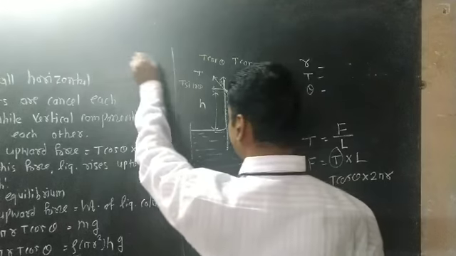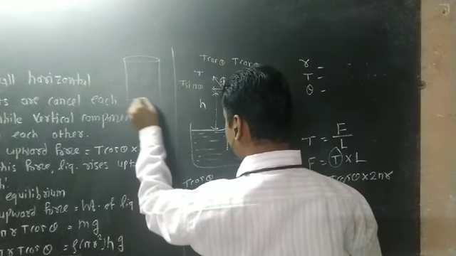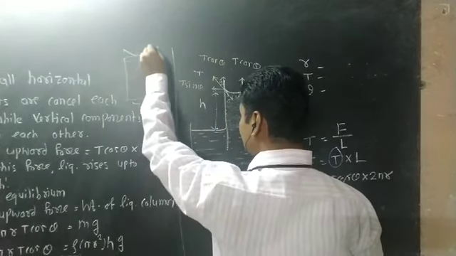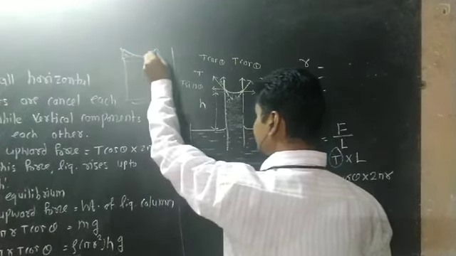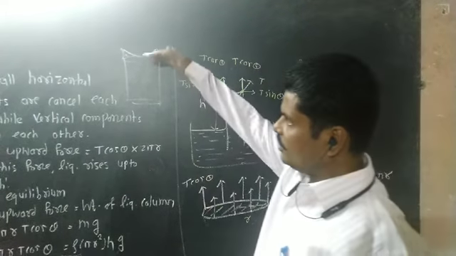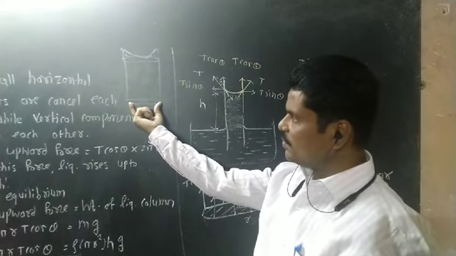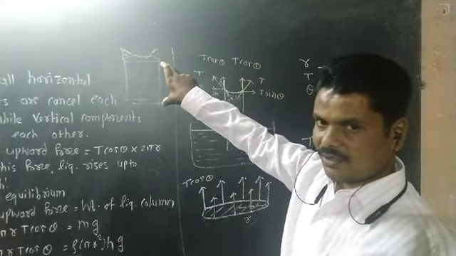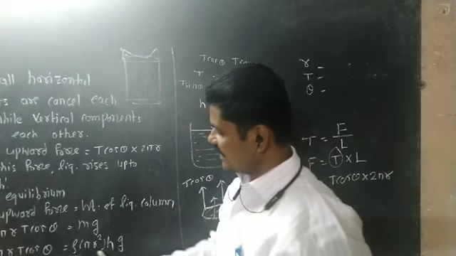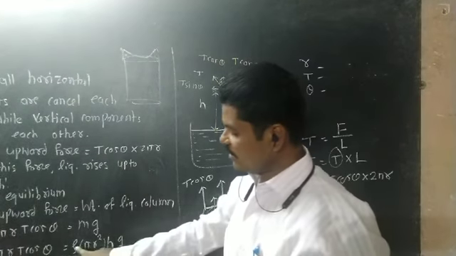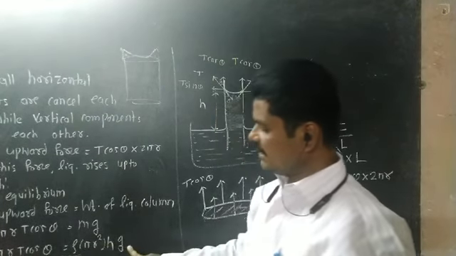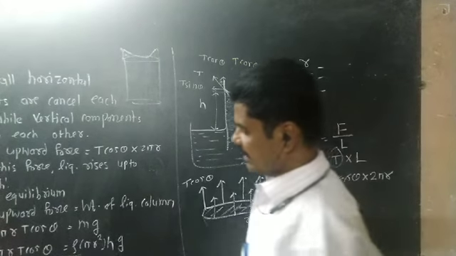I will take only this cylindrical height liquid column. I will neglect this water. The volume of this cylinder is pi r square, the area of cross section, into height or length of cylinder. Therefore pi r square h is the volume, into density is the mass, multiplied by acceleration due to gravity.